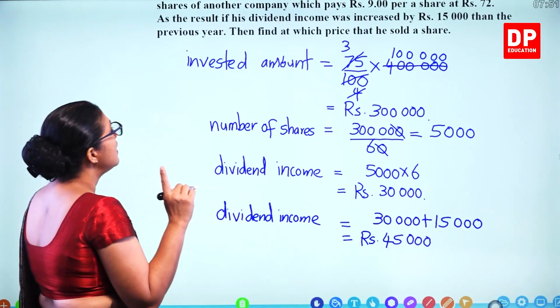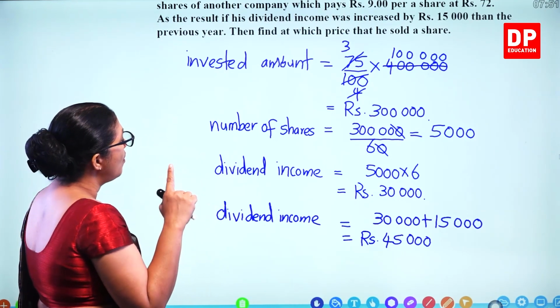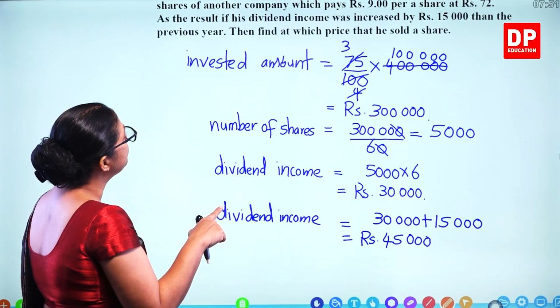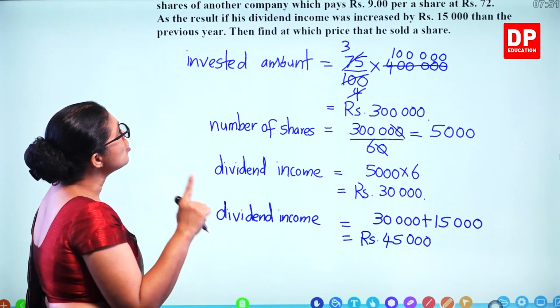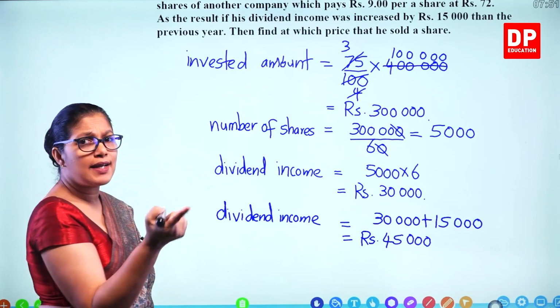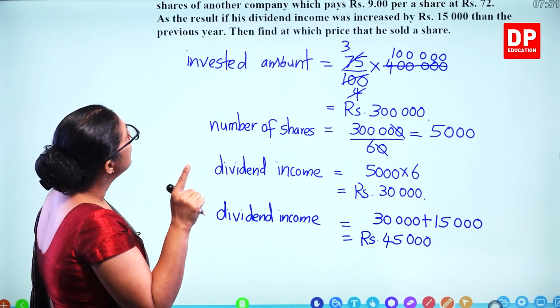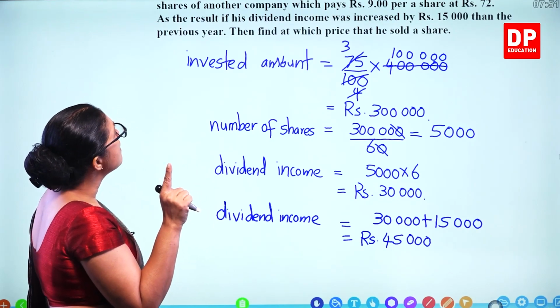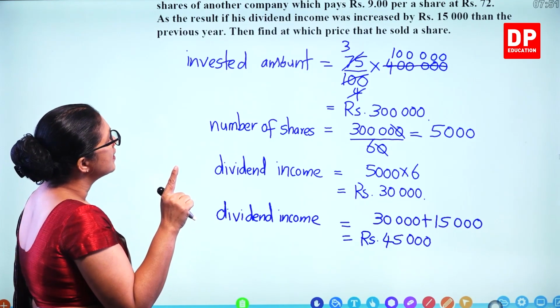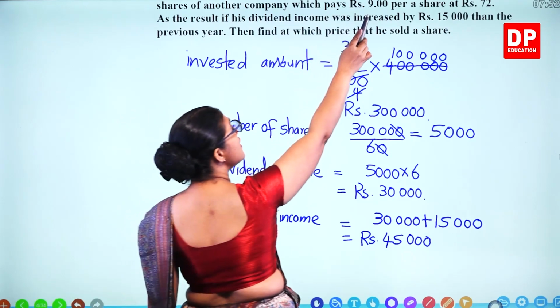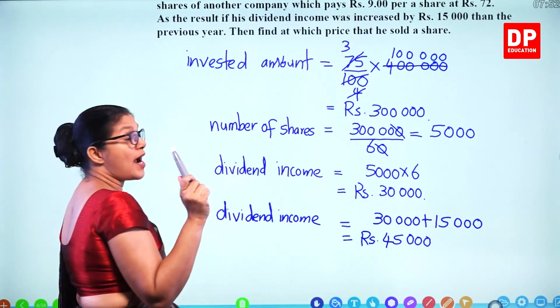So that's the income. Now we can find out how many shares he bought from the second company. So second company, it says one share is 72 rupees, and also this is the dividend per share, 9 rupees.